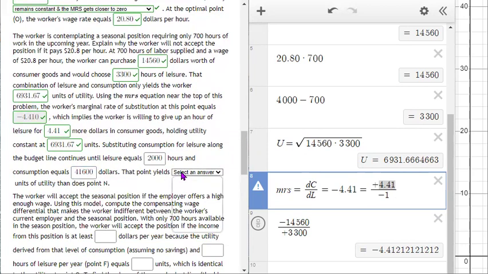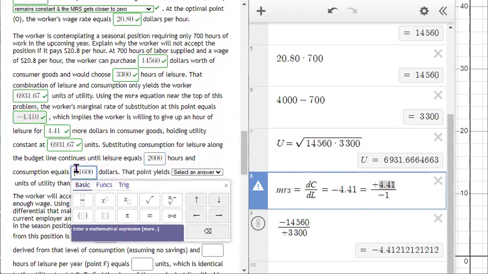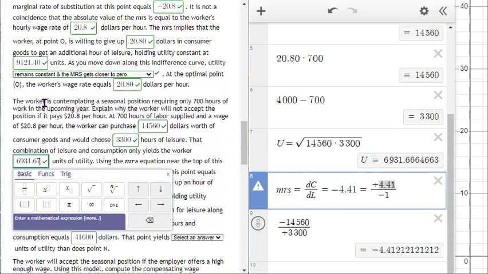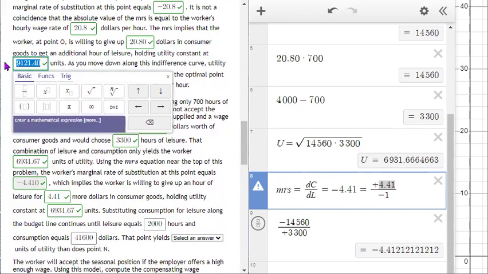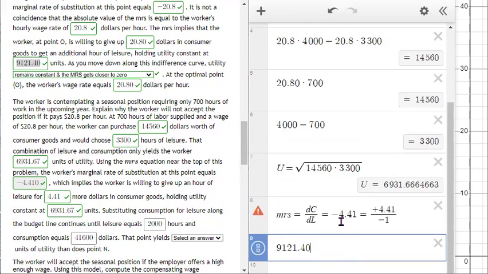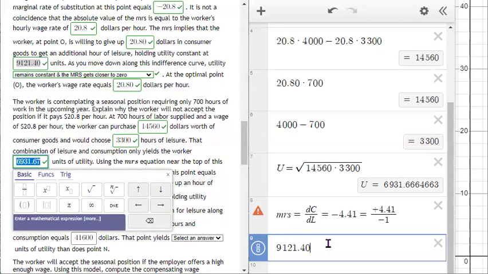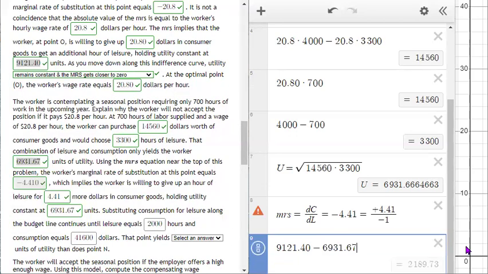This point O yields more utility than point N. Point O yielded that much utility, that was point O utility, and this is point N utility.